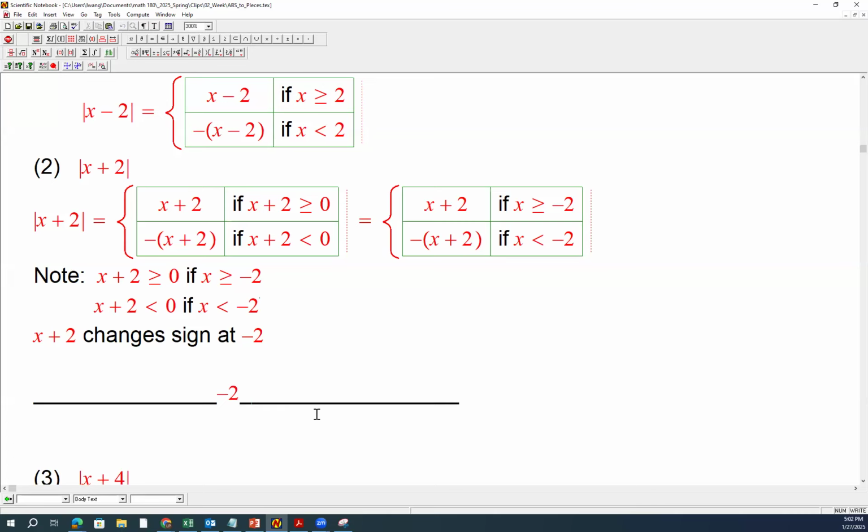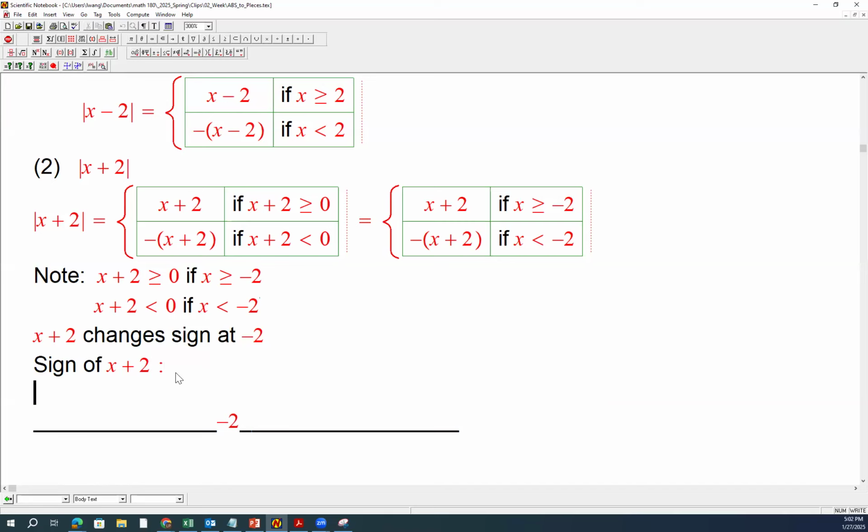And on this side, if you look at the sign of x plus 2, when x is less than -2, the sign is going to be negative.